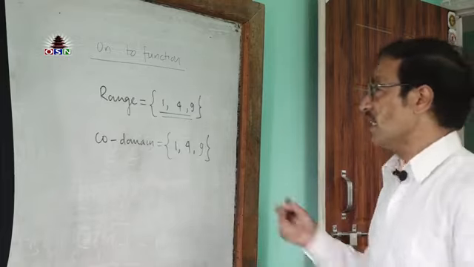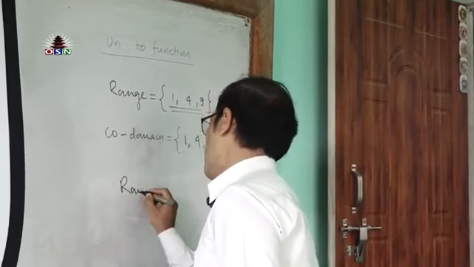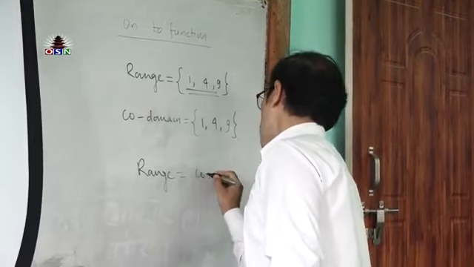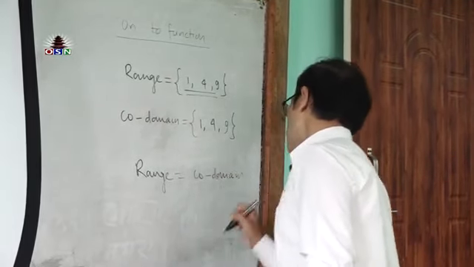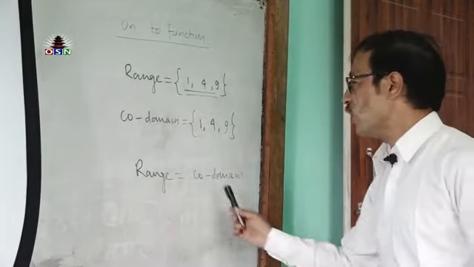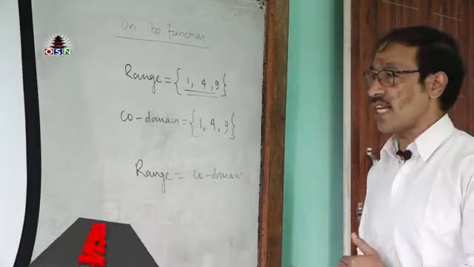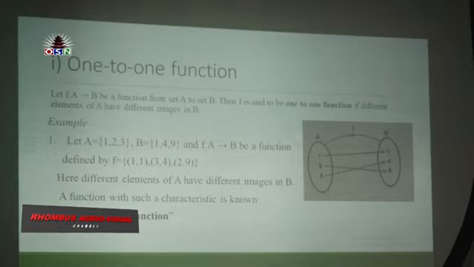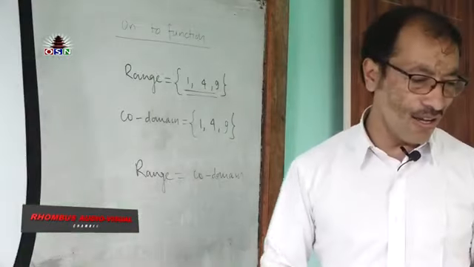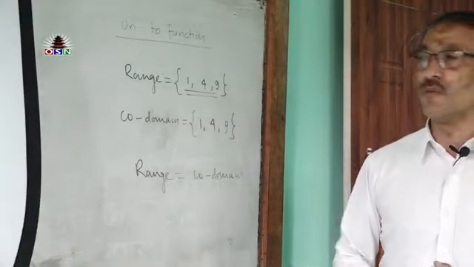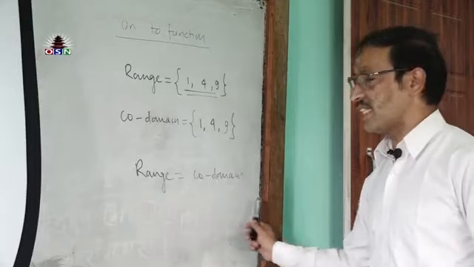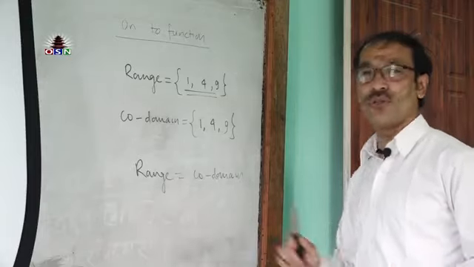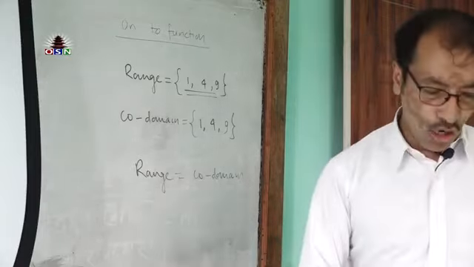Well, here you check it, you will find range is equal to codomain. Range is equal to codomain means they are equal sets. That means to define a function as an onto function, there should be this condition: range is equal to codomain, then that is called onto function.